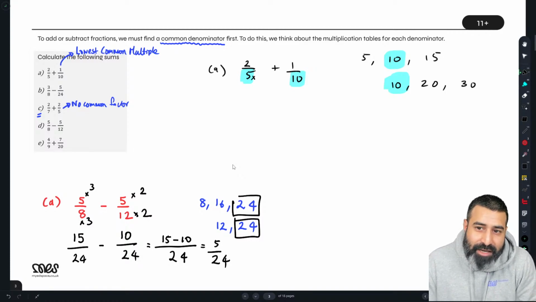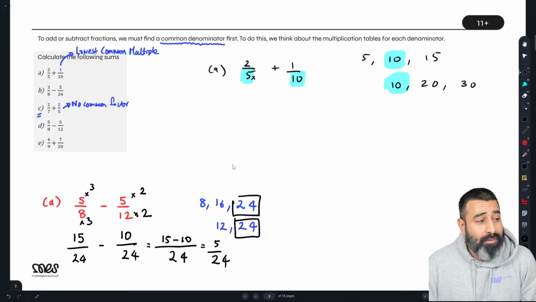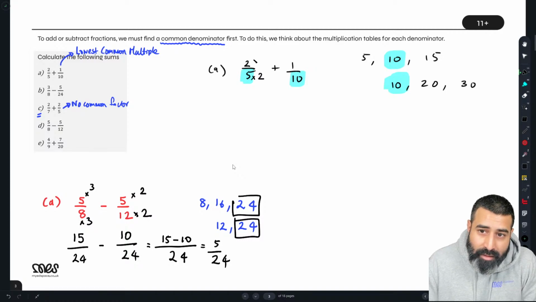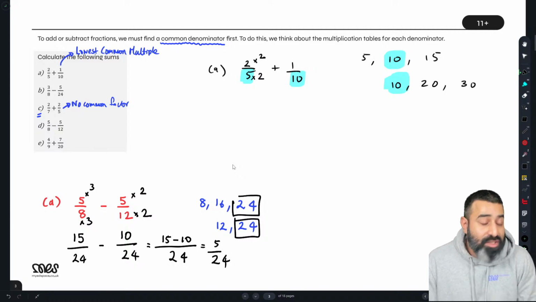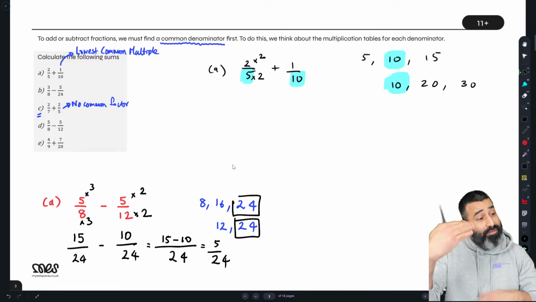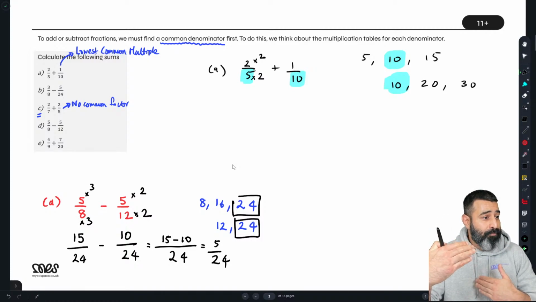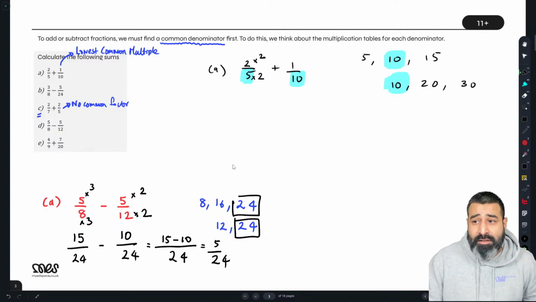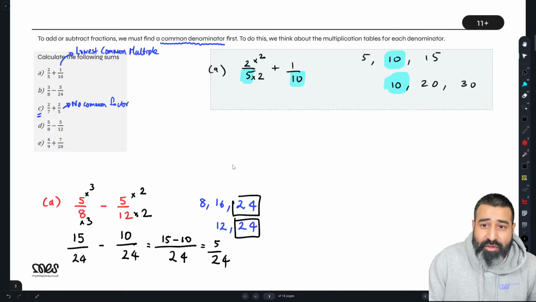So my question here is, how do I make this left-hand fraction 10? What can I multiply 5 by to get to 10? I can multiply that one by 2. And then I can multiply the top one by 2. So whatever operation I do to the bottom one, I have to do to the top as well, okay? So that's what we're doing. We're trying to find a common denominator, okay?